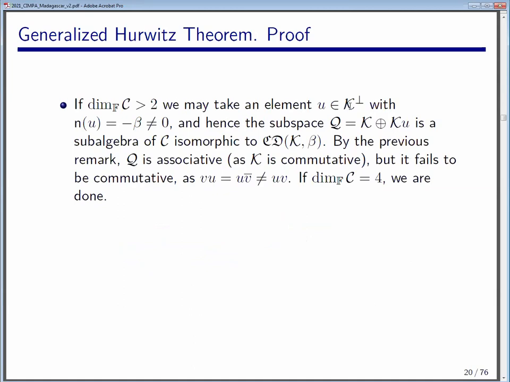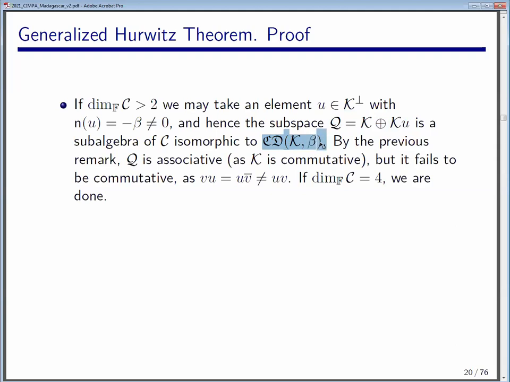Every time we have a nice subalgebra, there is a subalgebra obtained by doubling this subalgebra in this way. So if the dimension is greater than 2, we can always obtain a subalgebra that is obtained by doubling K. This is the notation that we use, the Cayley-Dickson doubling of K using the scalar beta. So if the dimension is greater than 2, we always have a subalgebra which is of this form.